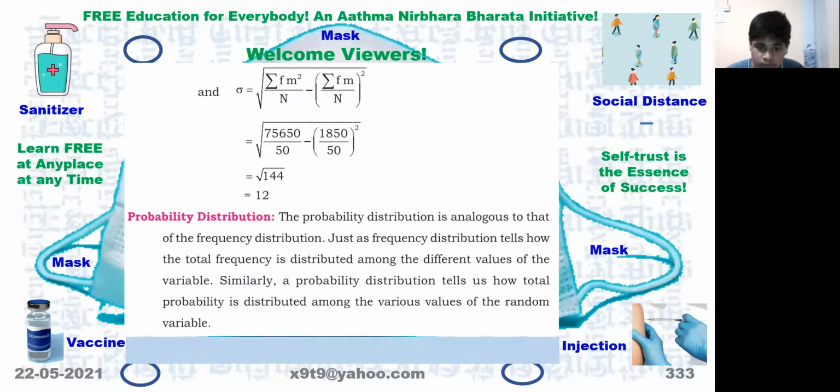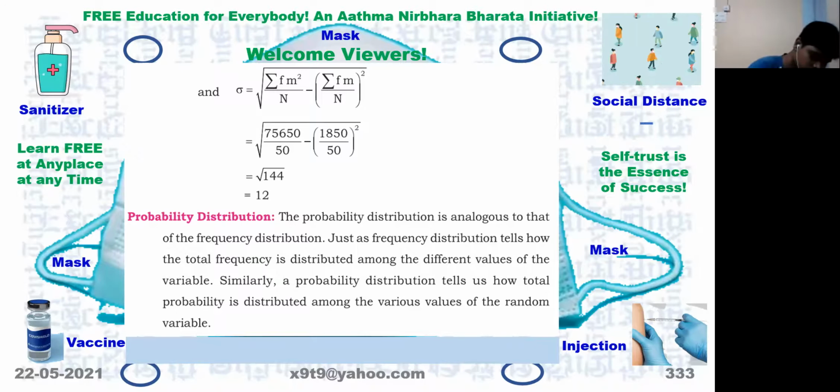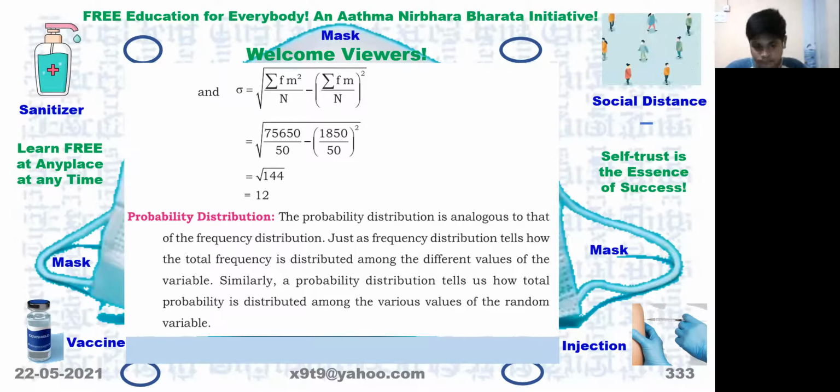Say vertically you can write X. X is the result you are getting per throw. So the first is 0, that means all 3 may be tails.